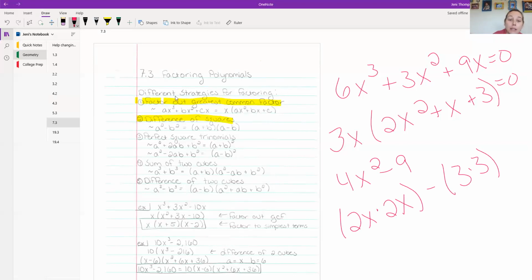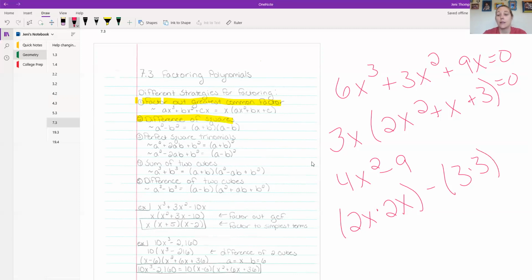When I recognize that I have a difference of squares, it factors into a plus b and a minus b. It's just what your perfect squares break down into.